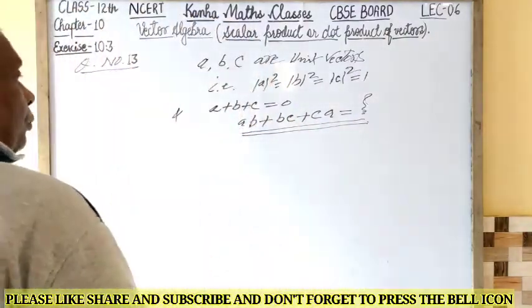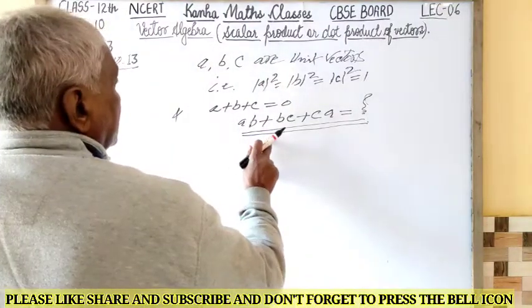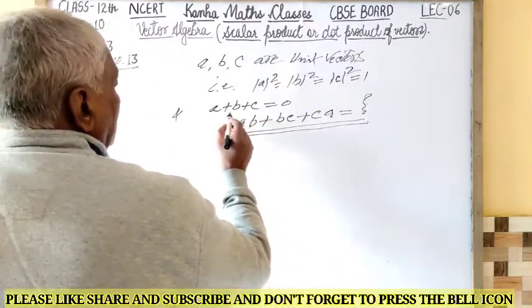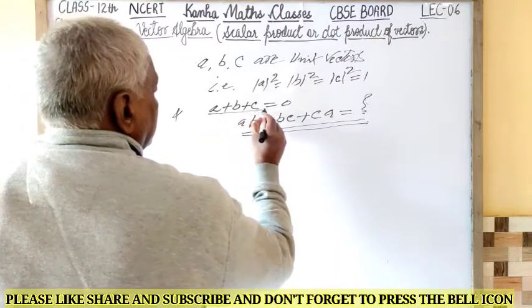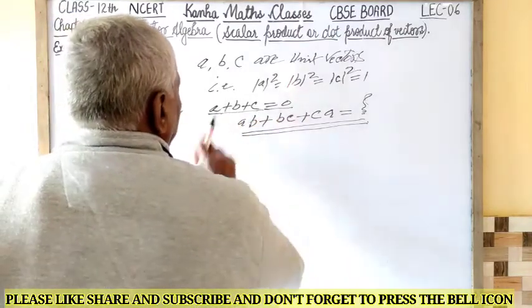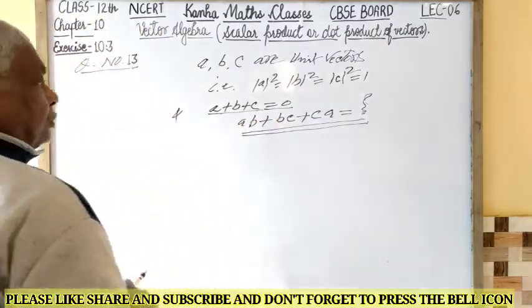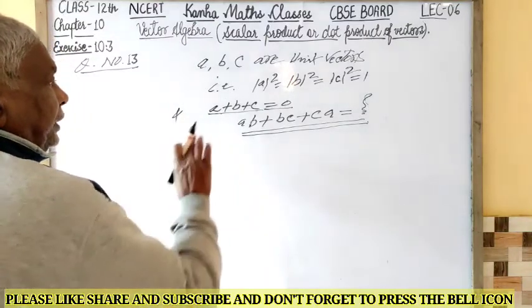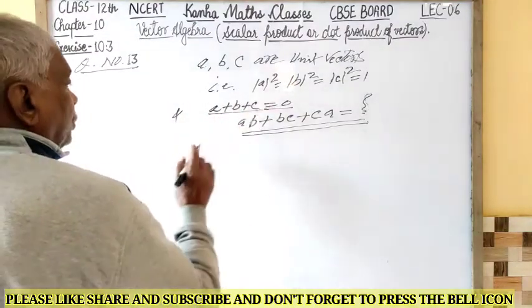In order to find the value of this, we will use the given A plus B plus C equal to 0.